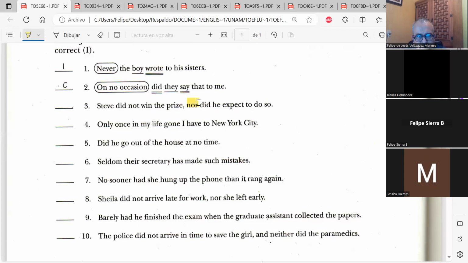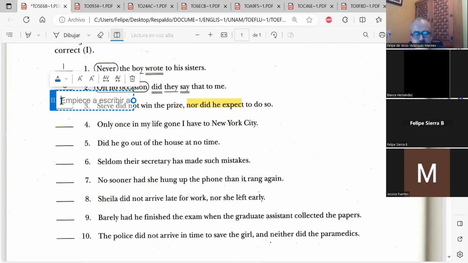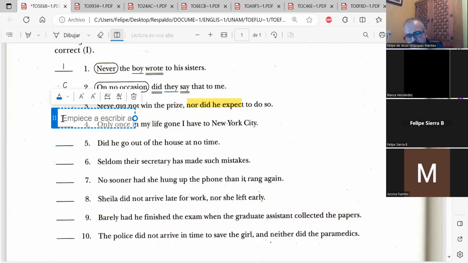Nor did he. Nor, negative, auxiliary, subject, verb. Yes, okay. So, Felipe, number 4. Only once in my life gone I have to New York City. It is incorrect. Only once in my life have I gone to New York City. Yes, very good.